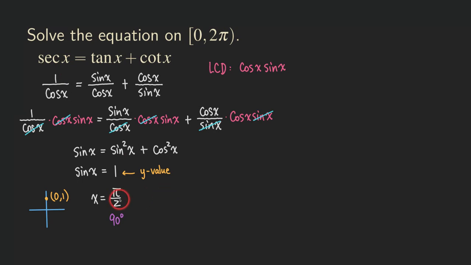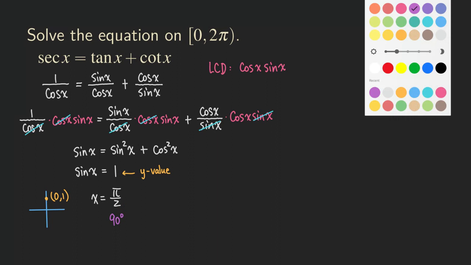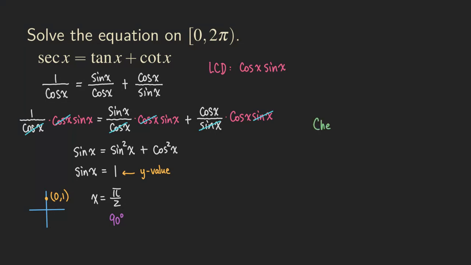And so what does that mean? That means this solution is an extraneous solution. Let's just write it here. Two ways to do the checking, right? One way to check is that we can plug it back into the LCD and check whether it will make it 0, because if it makes the denominator equal to 0, then it will be a problem.